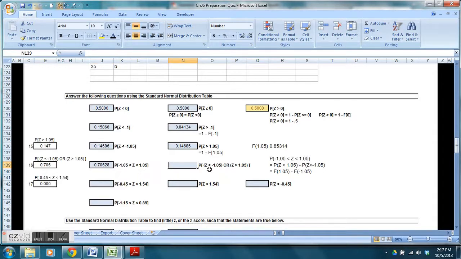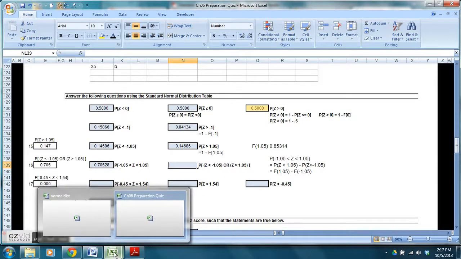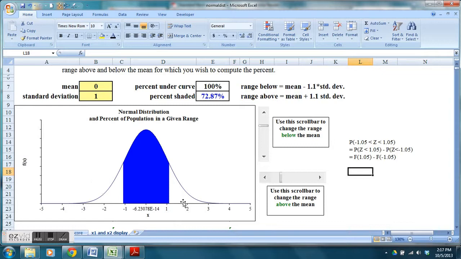Now, the probability that z is less than negative 1.05, or the probability that z is greater than 1.05. What are we looking at? Well, draw it first. Here it is. We're interested in everything that's less than negative 1.05, this white tail, or anything that's greater than 1.05. Well, it's symmetric, so this tail is equal to that tail.